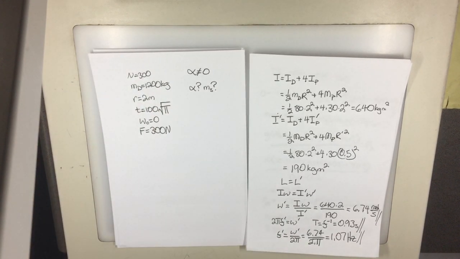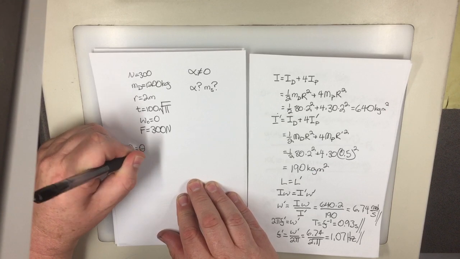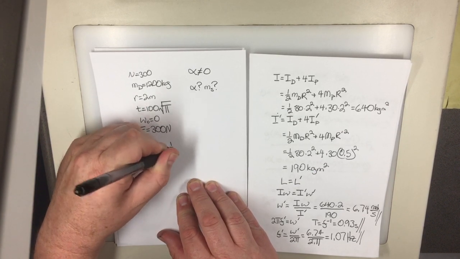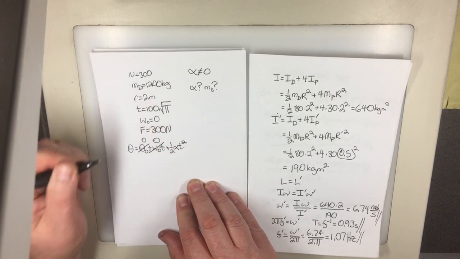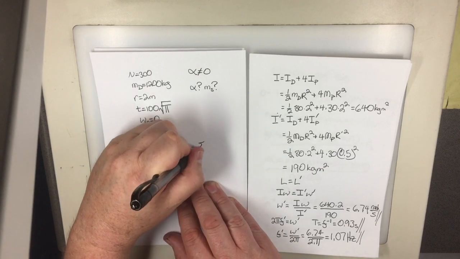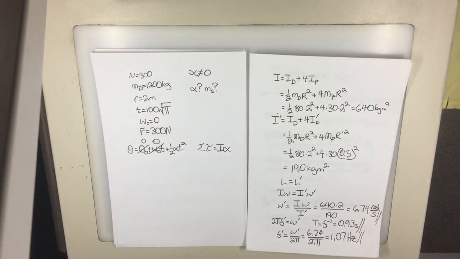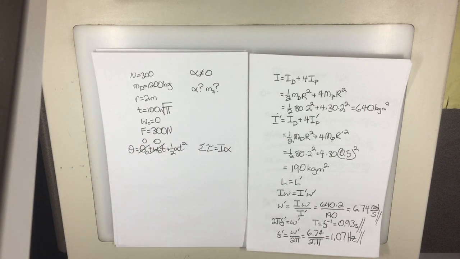So for something like this, the two equations that I would initially start with are theta equals theta naught plus omega naught t plus 1/2 alpha t squared. The other one would be that the sum of the torques is equal to I alpha. If you look at this thing and you know that it has a non-zero alpha, I throw those equations out right away.